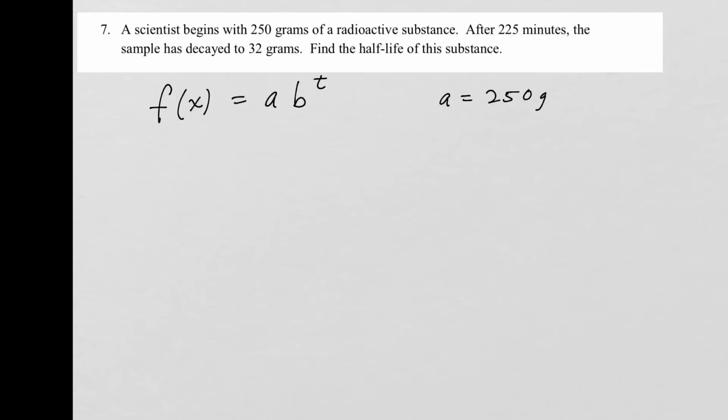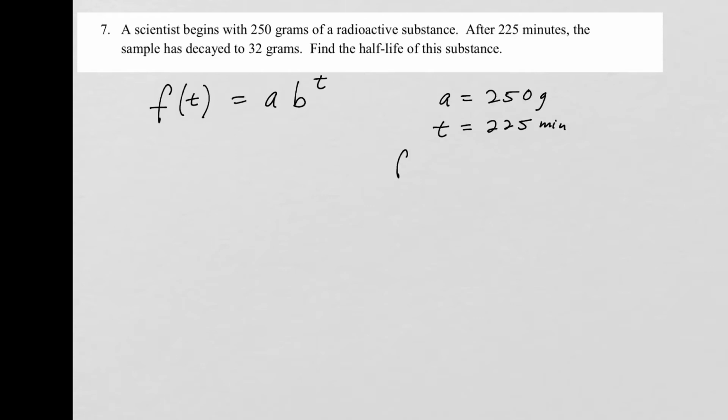So in this case, t is going to be equal to 225 minutes. Units are minutes. I wrote an x here, but I really should write that as a t, so let me change that.